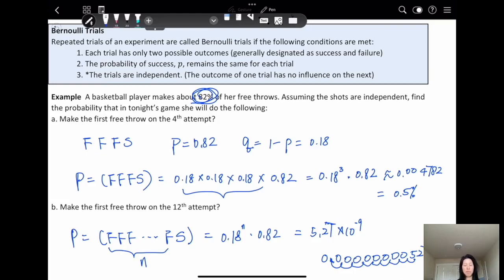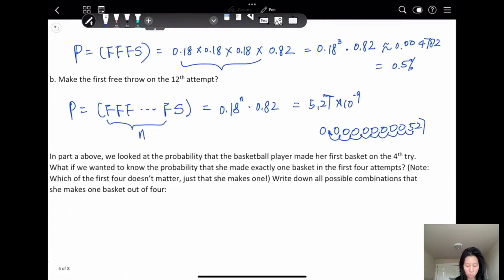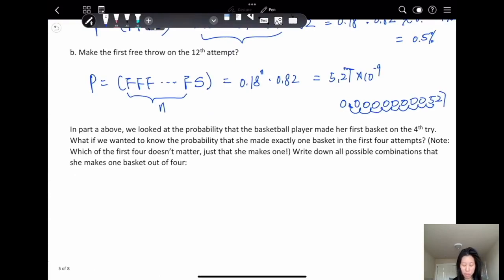Okay, so in the part above, we looked at the probability that the basketball player made her first basket on the 4th try. What if we wanted to know the probability that she made exactly one basket in the first 4 attempts? Which of the first 4 doesn't matter, just that she makes one. Write down all the possible combinations where she makes one basket out of 4. One possibility is she makes her first free throw on her 4th attempt.